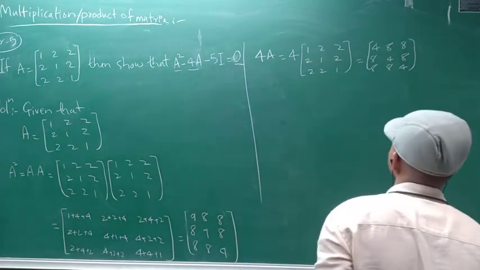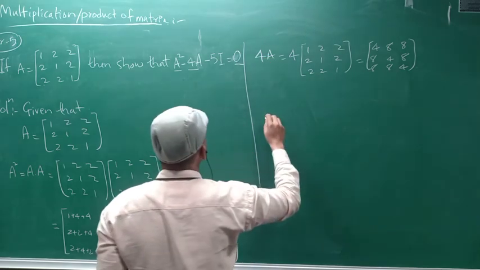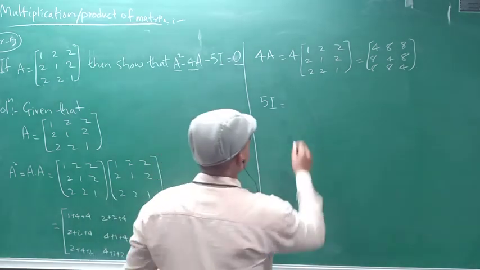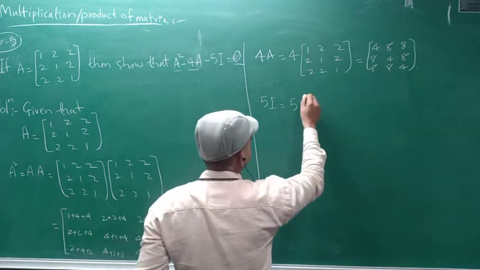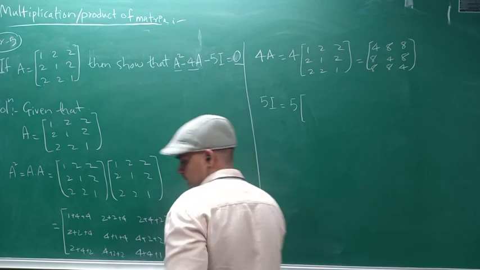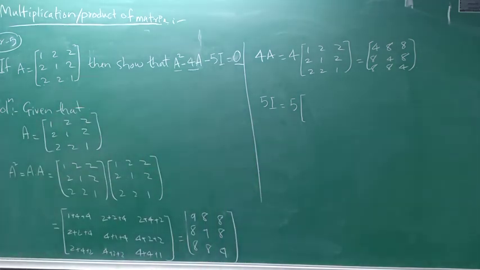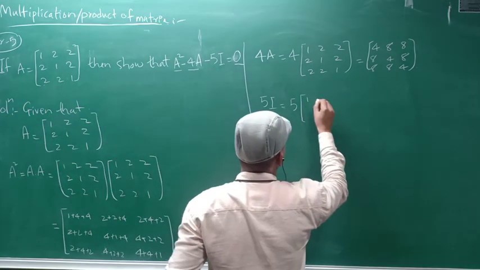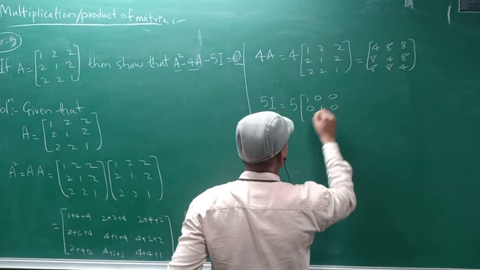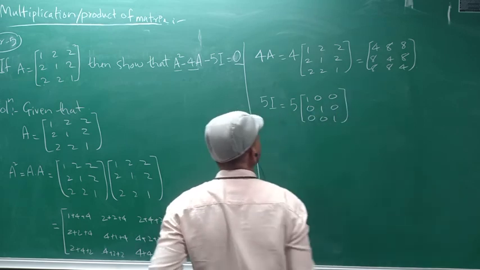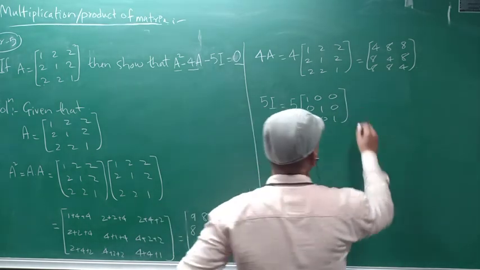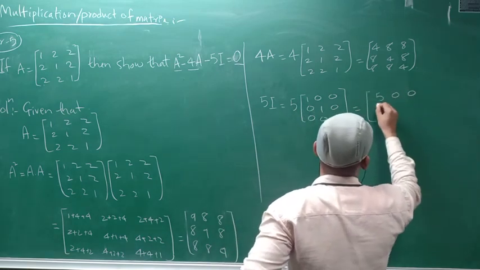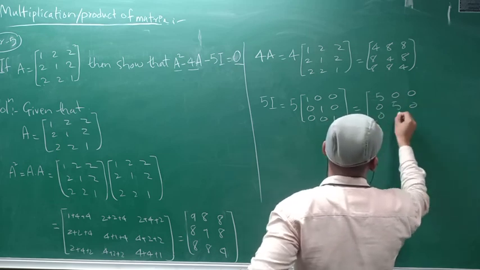We found 4A. Now we will find 5I. I will multiply 5 with the identity matrix. I will take the 3 by 3 identity matrix, 1, 0, 0, 0, 1, 0, 0, 0, 1. Multiplying all elements, I will get 5, 0, 0, 0, 5, 0, 0, 0, 5.